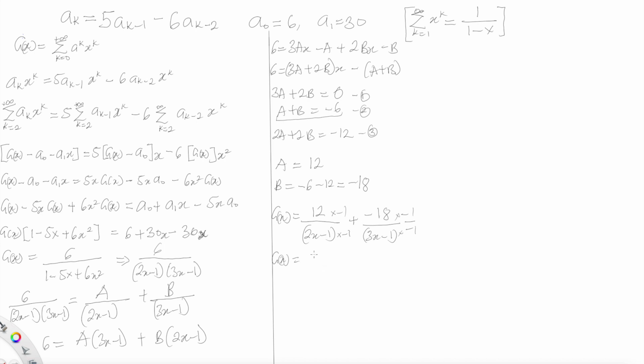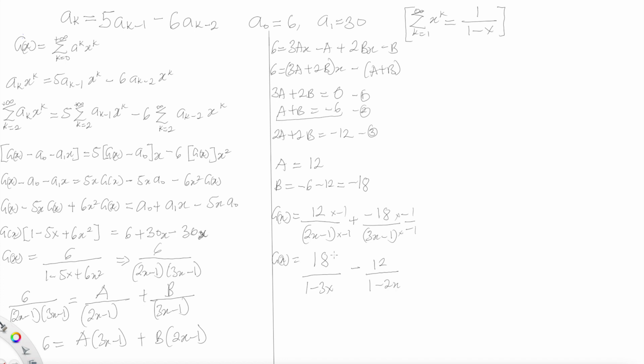So we could write it as 18 all over 1 minus 3x and minus 12 all over 1 minus 2x.